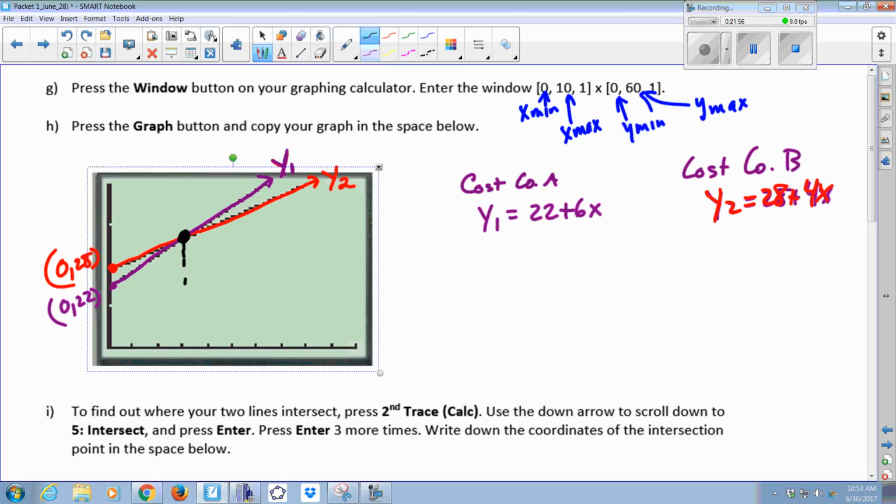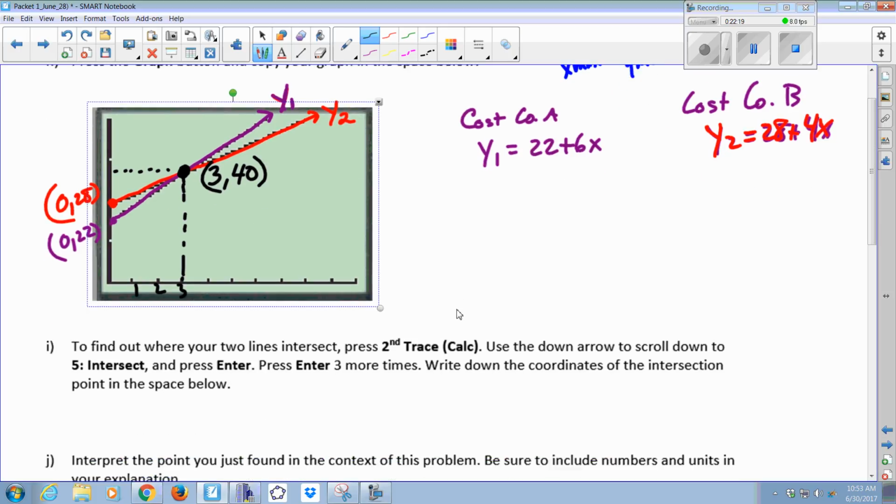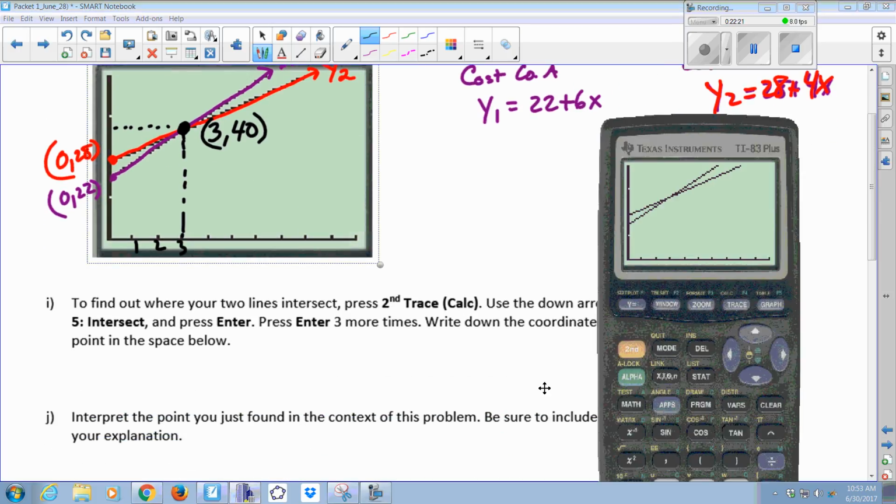Now sometimes you can just look at your graph and you see it's when x is 3. We can't see right now what the y value is, but we know that these two graphs intersect after 3 hours of use, and we're paying $40. But how would we use the calculator to find that point of intersection? So let's take a look at how we would do that.